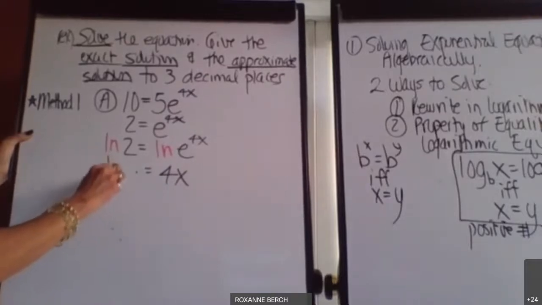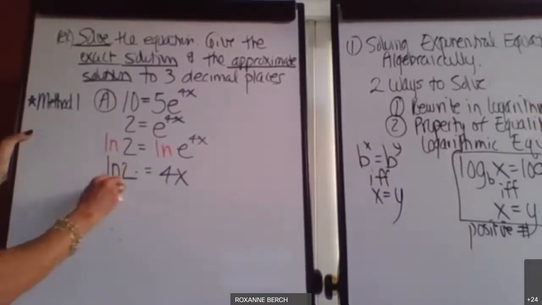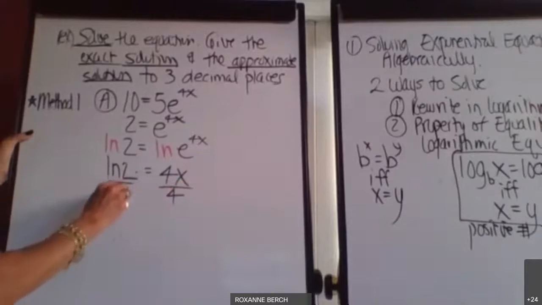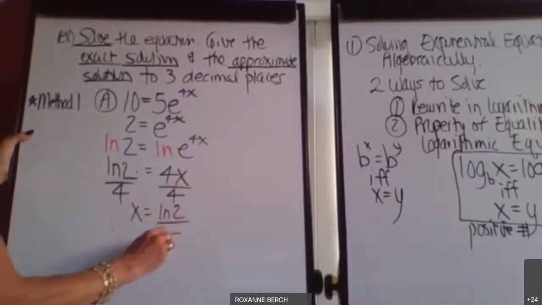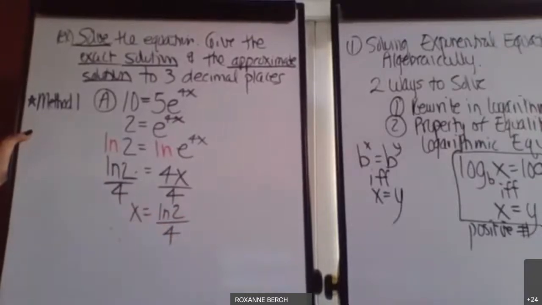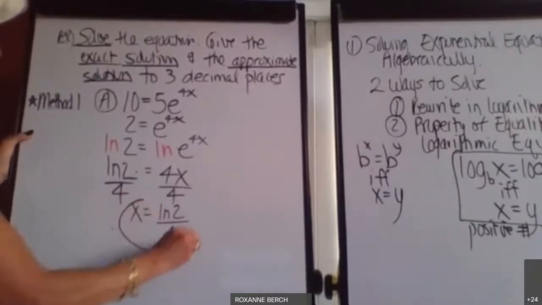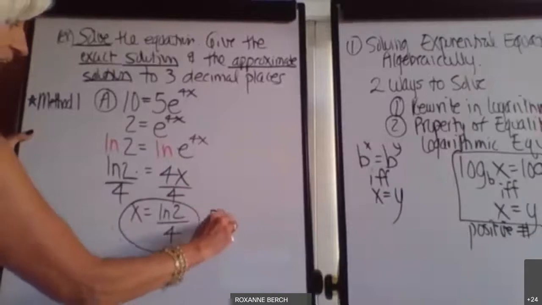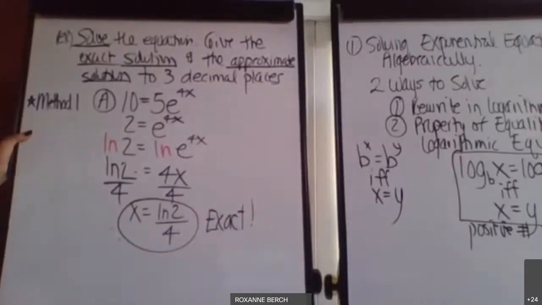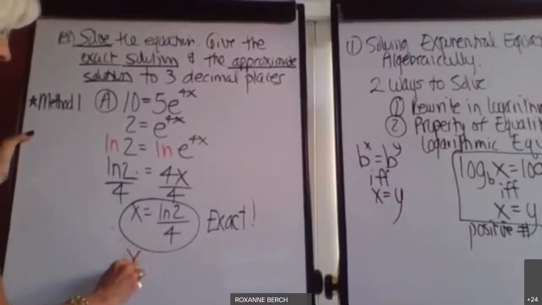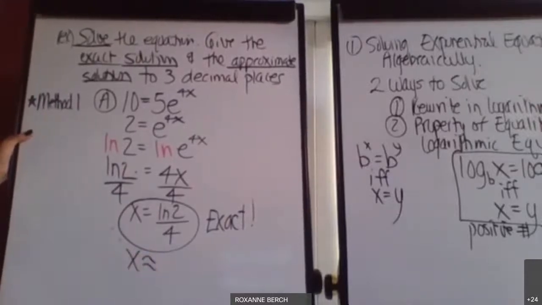So this just stays the natural log of 2. And now we divide by 4, and we get x is equal to the natural log of 2 divided by 4. That's an exact answer, so we would want to circle that because that's exact. And if we want an approximation, we'd put it in the calculator. So what would this be in the calculator?